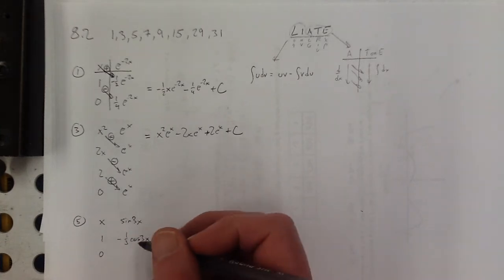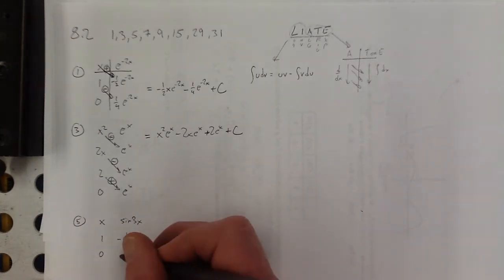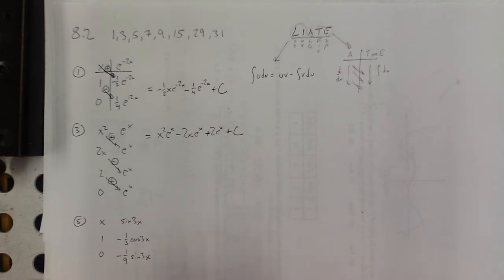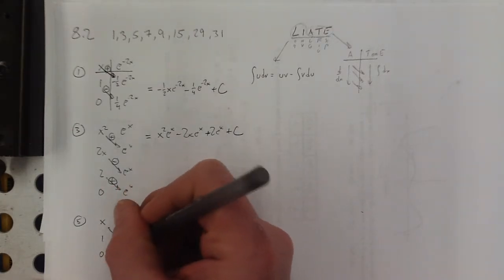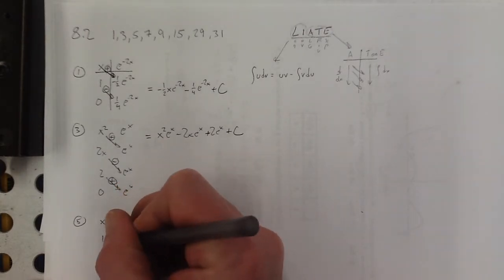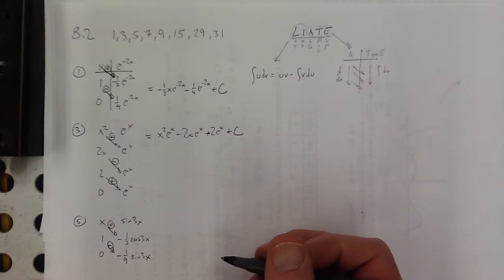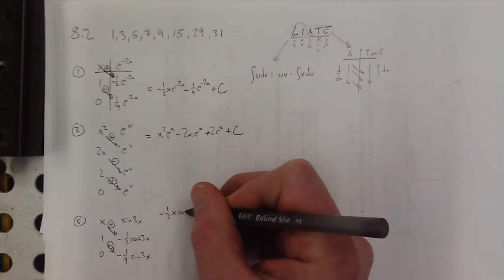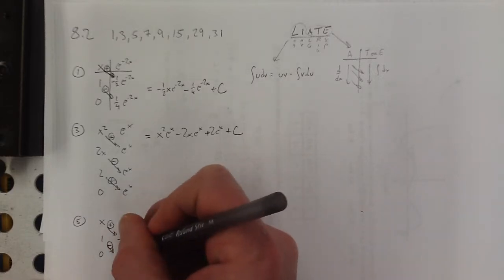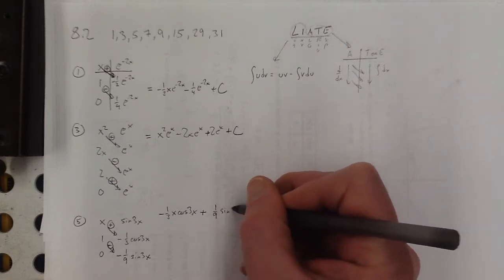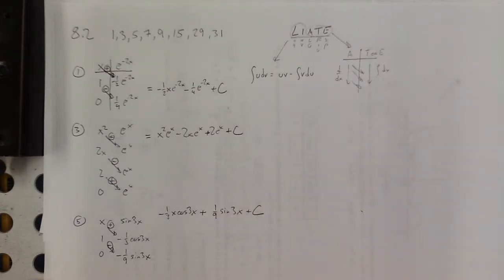And then the antiderivative of negative cosine is negative sine, and I'm going to have to divide by that 3 again. Easy to make sign mistakes here. All right, so let's see what we have here. I got minus 1/3 x cosine 3x. Minus times minus is plus 1/9 sine 3x plus c.